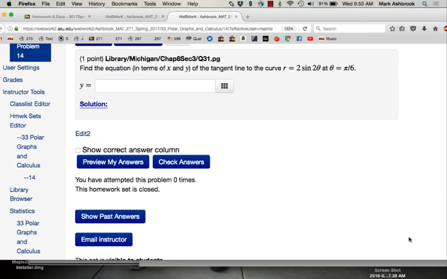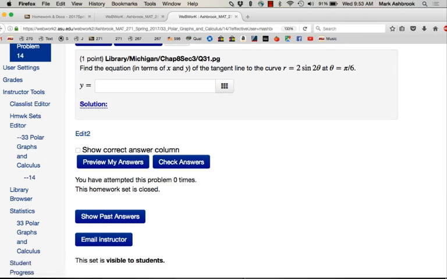So we want to still think about that as, we're kind of thinking both in polar coordinates and rectangular coordinates. When we write a tangent line, we're going to do that thinking rectangular coordinates. But to get everything that we need, we're working in polar coordinates. So what do we need to write the equation of a line? We need rate of change, or slope, and some point x, y.